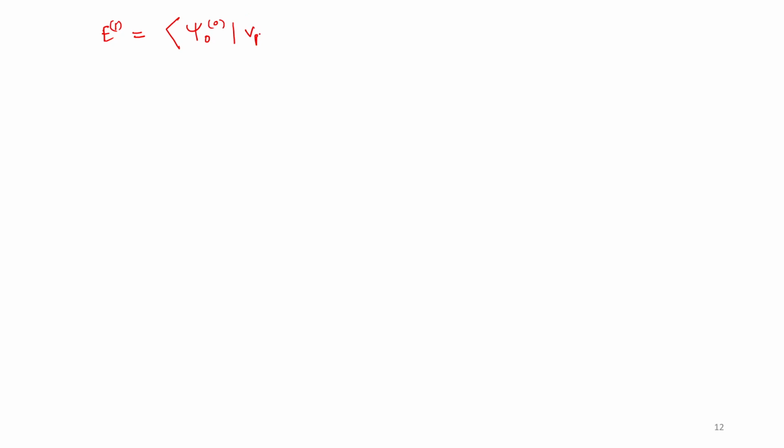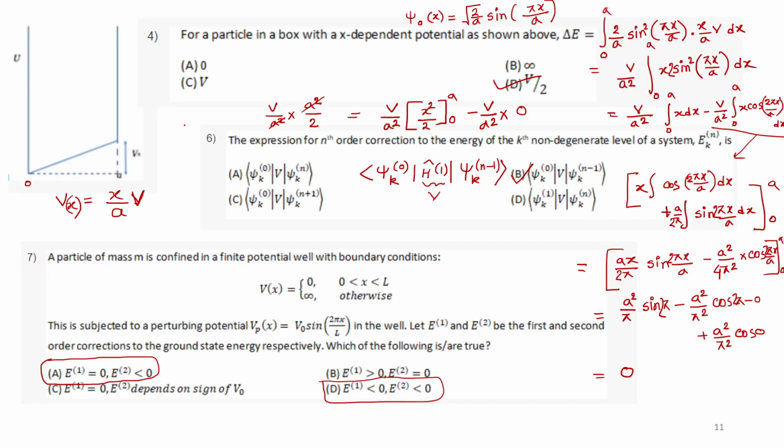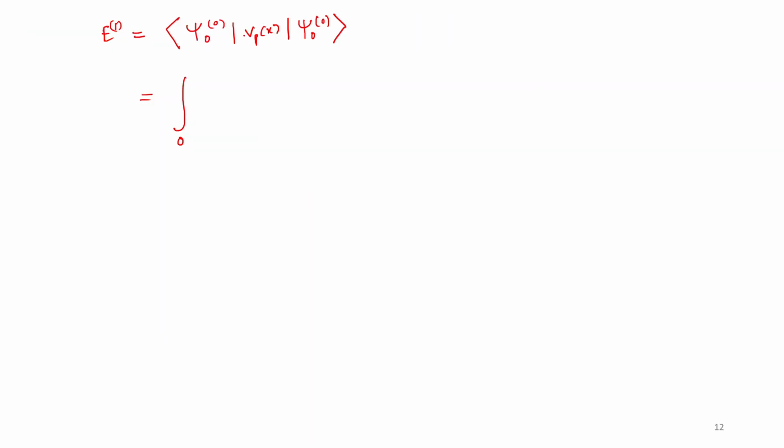Then it is V(x), and again it will follow this, right? So now it is 0 to L. V0 sin 2 pi x by L.